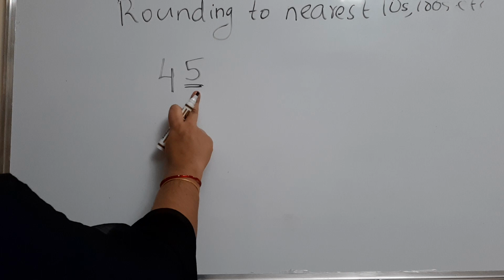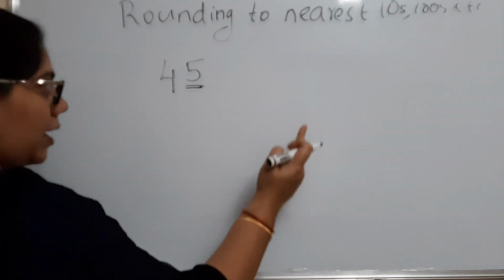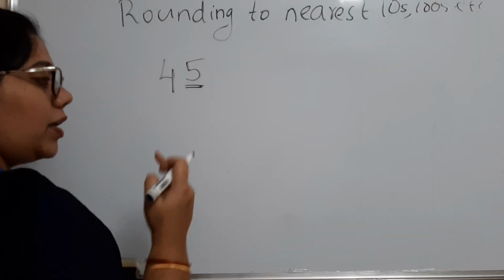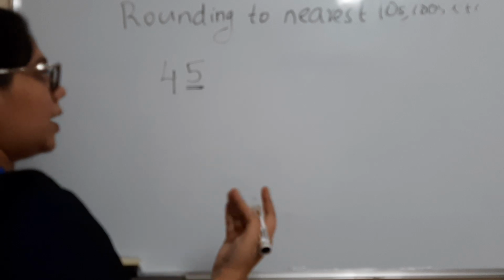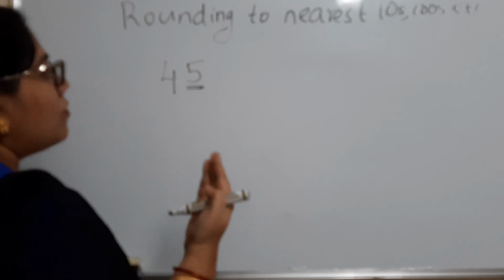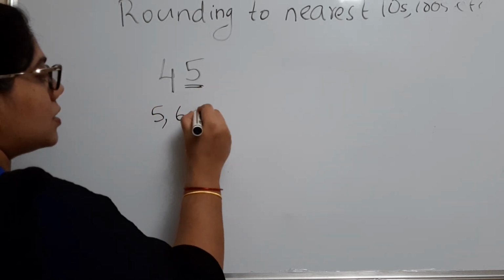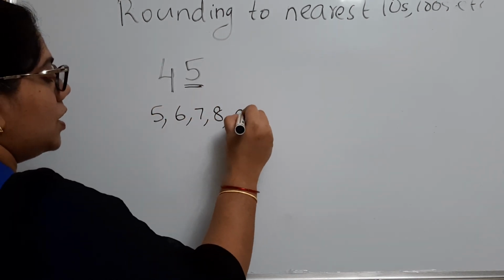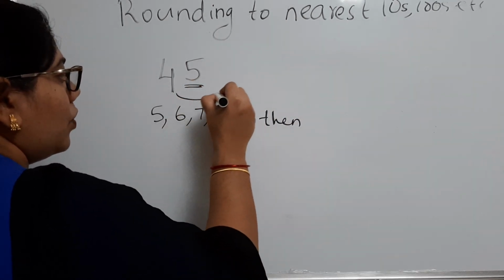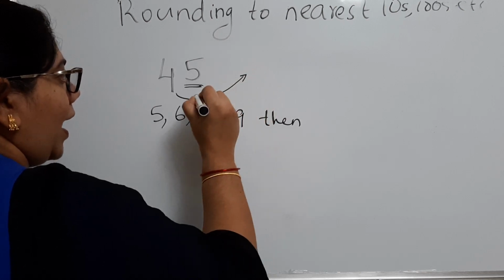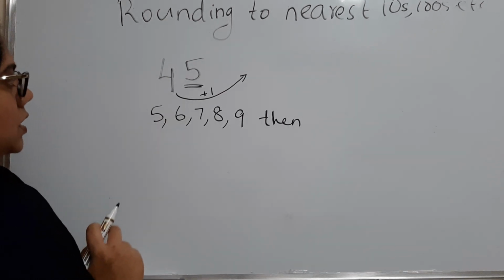If the ones place is 5 or greater than 5, greater than 5 means if the ones place is 6, 7, 8, 9. So 5, 6, 7, 8, 9. Then what you want to do is add 1 to the remaining digits.